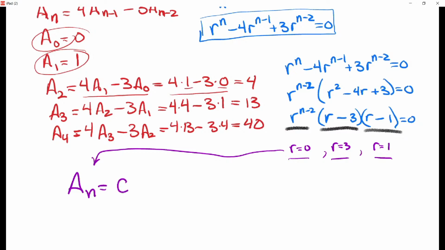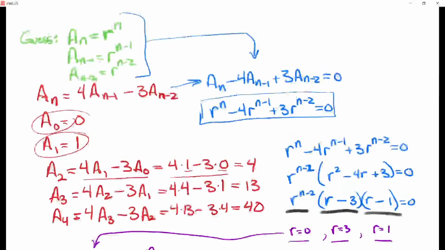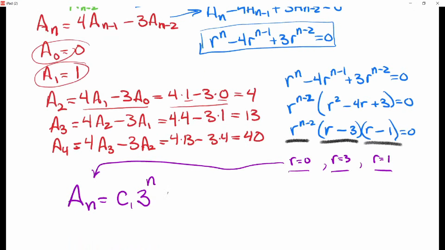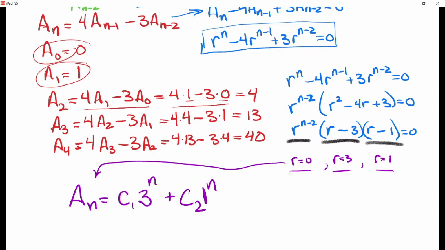So I have C1, I don't care what I call this, C1, C0, doesn't matter, times r to the n, because that's what we were starting with, r to the n at the beginning, plus C2 times 1 to the n, that's this one. And then I'll have C3 times 0 to the n, which is silly because we know that 0 to the n is just 0, right? And so that's just 0.